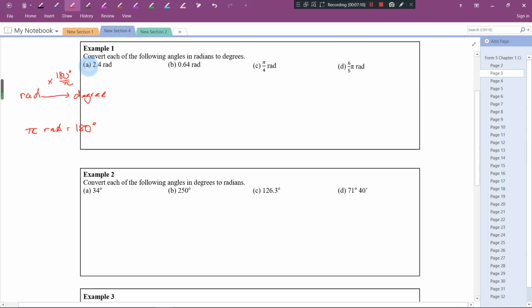Okay, now let's look at A. Equal to how many degree? 2.4 radian. This is a short form of radian. So if I want to convert to degree, I just take 2.4 times 180 degree over pi. Then just press your calculator.